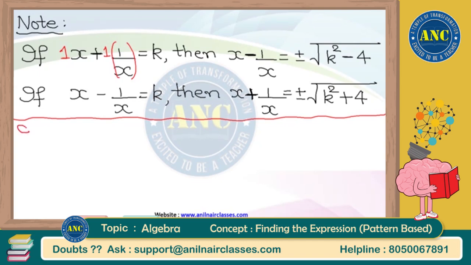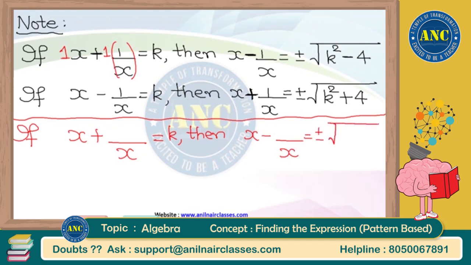Now see here, I am discussing this variety. If x plus 1 by x is equal to k, then we easily know how to find the x minus 1 by x value. It is plus or minus square root of k square minus 4.